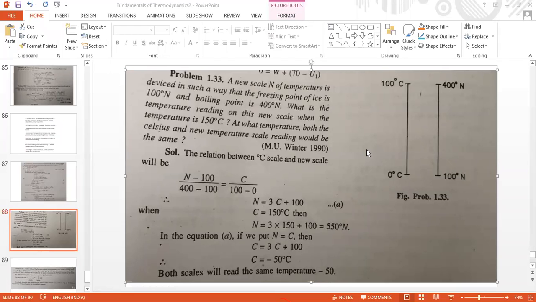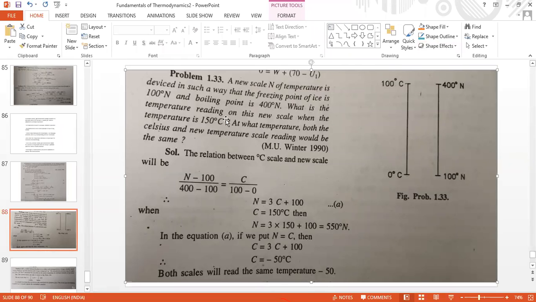But he has asked us to show it in another scale, a secret scale which can be read our own way. For example, if it is 100, he means 0 degrees centigrade. If it is 400, he means 100 degrees centigrade.